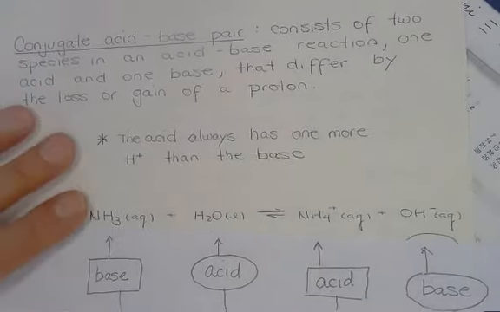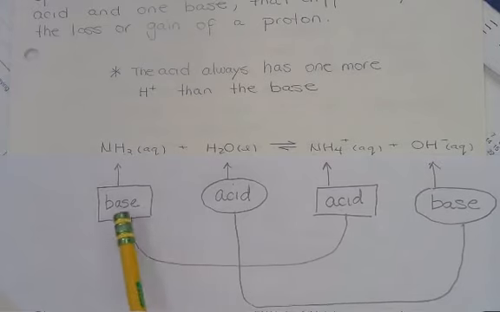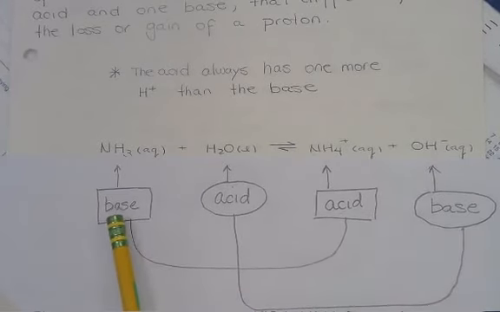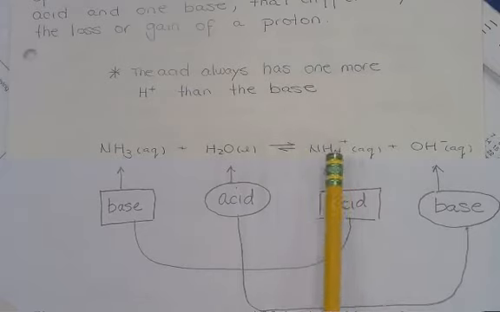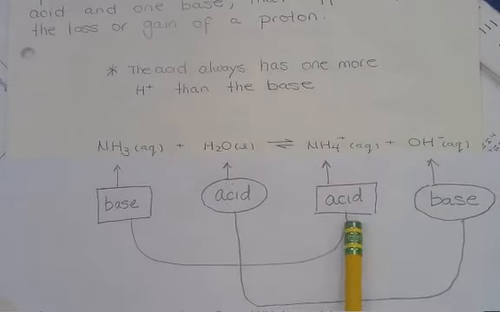Hopefully that makes sense. So if I ask you, what are the two conjugate acid-base pairs? You're looking for one acid on the left paired up with a base on the right, a different base on the left paired up with an acid on the right. They'll always be four things, two reactants, two products, and you should always be able to do this.